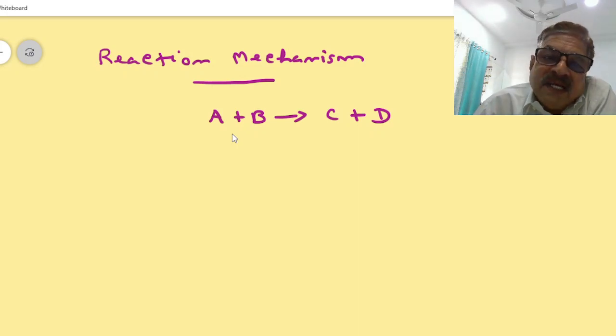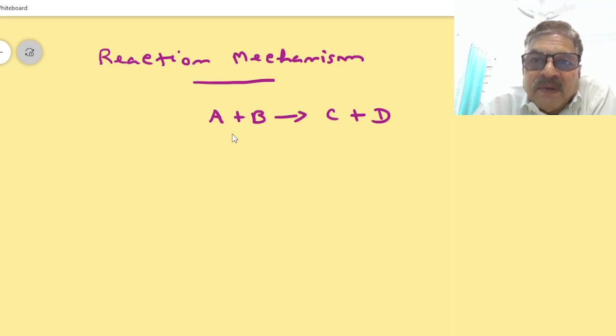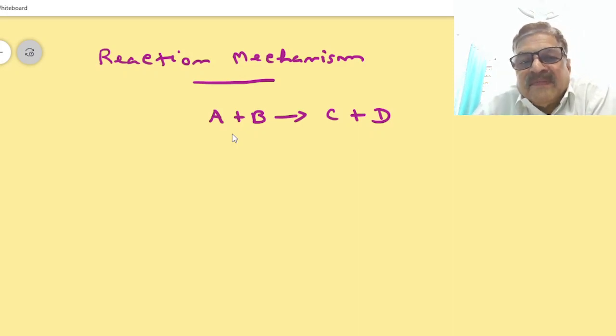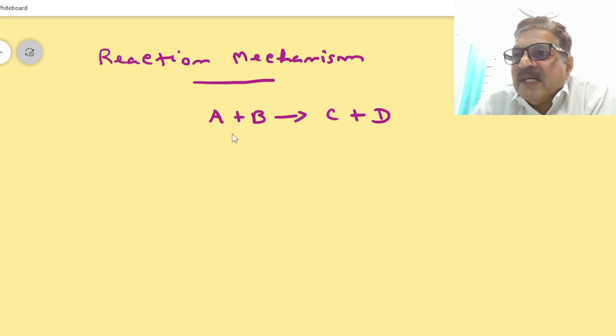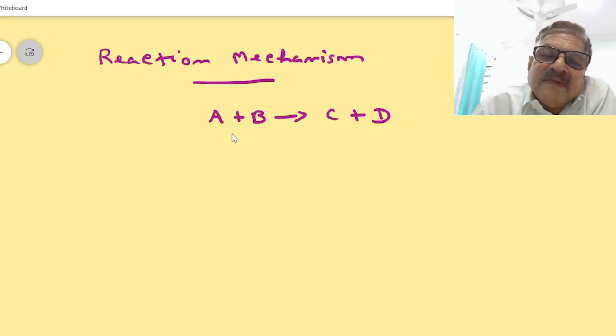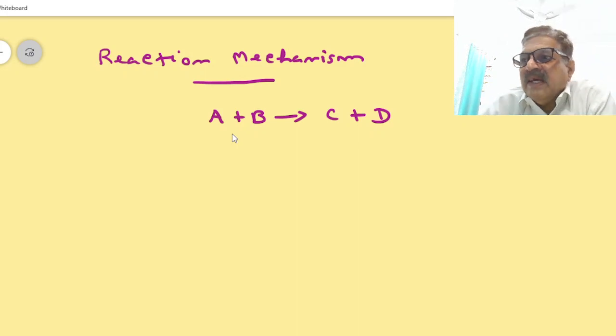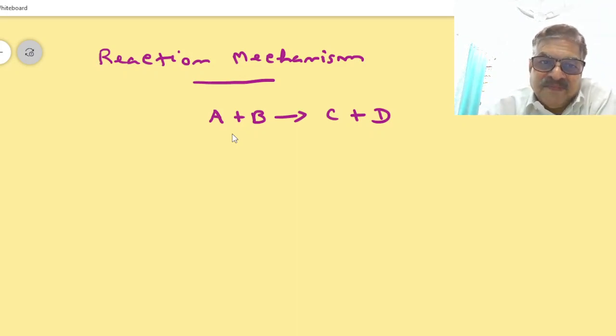The reaction mechanism describes the relative order and rate of bond cleavage and formation. It explains all the known facts about a reaction and accounts for all the products formed.